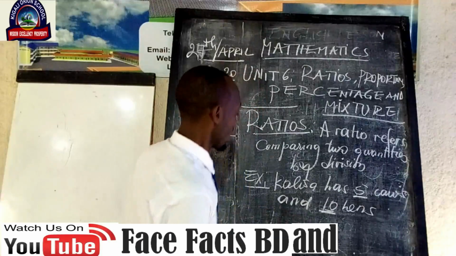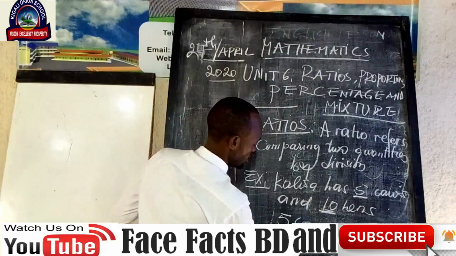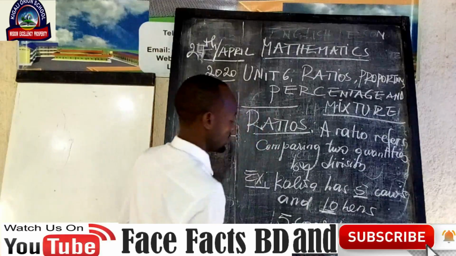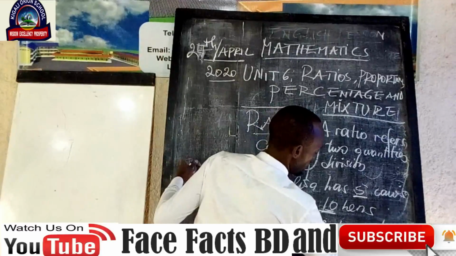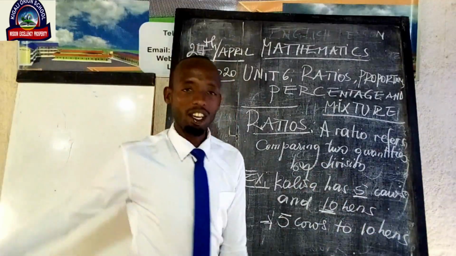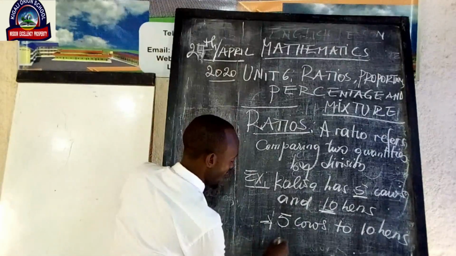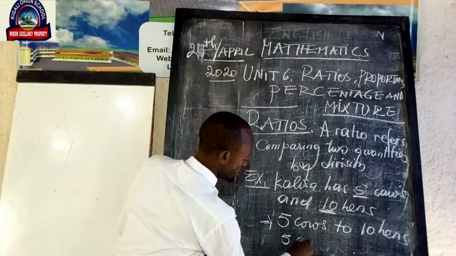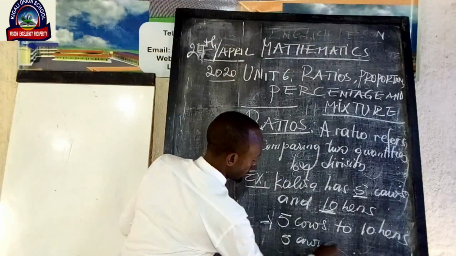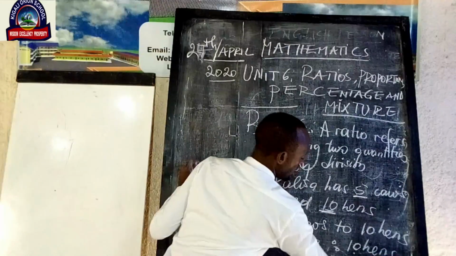So I say that Carissa has 5 cows to 10 hens. That is the first way of writing a ratio. Or I can write again, Carissa has 5 cows : 10 hens.